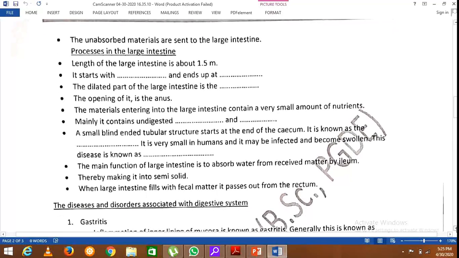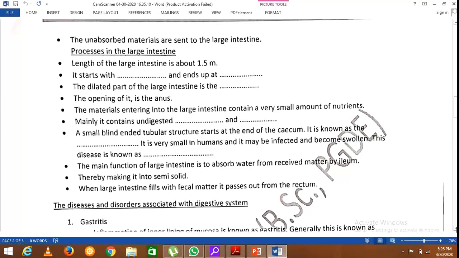So the processes in the large intestine. This is also about 1.5 meters in length. It starts with the last part of the small intestine, that is the ileum. The initial part of the large intestine is known as cecum, and the large intestine ends at the anus.